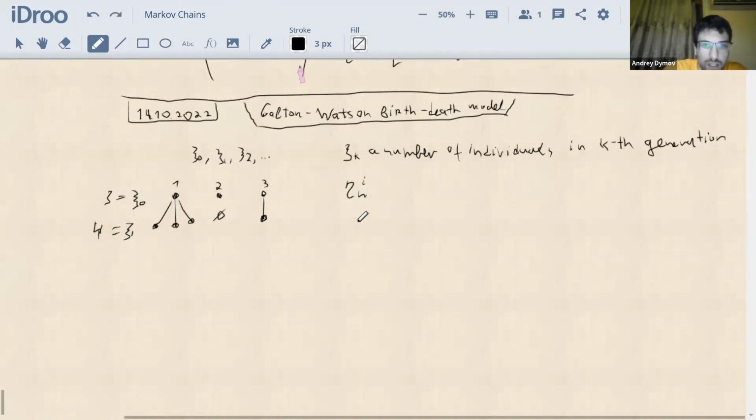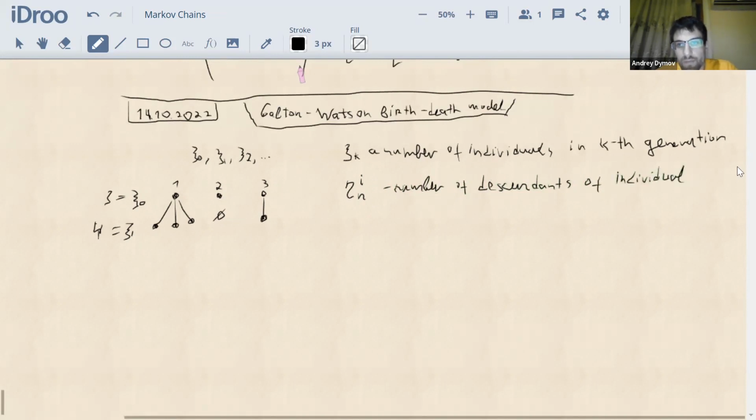This is the number of descendants of individual number i of the n-th generation.